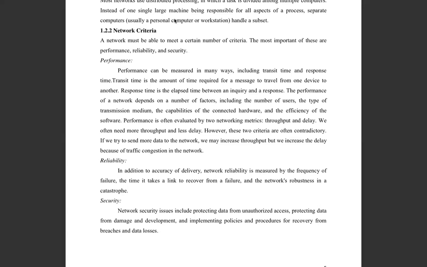The next thing we can evaluate our network performance with is throughput and delay. What is throughput? Here, we often need more throughput and less delay. However, these criteria are contradictory. So if you try to send more data to the network, throughput is how often data passes through our network.